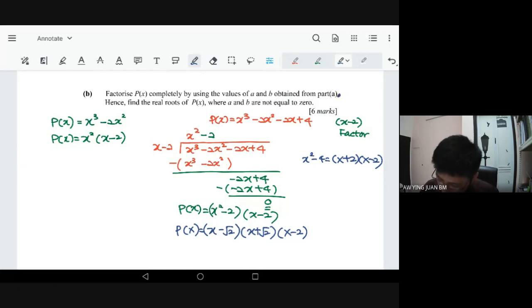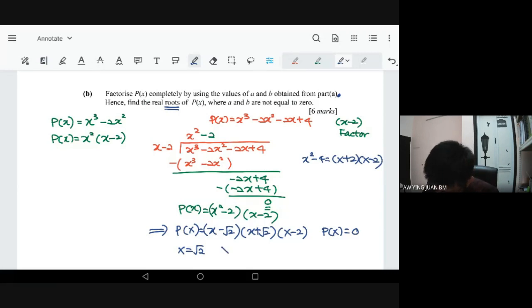Next, find the real roots of p(x), where a and b are not equal to 0. Meaning we only focus on this part. How to find the roots? If you want to find the roots, p(x) equals 0. So x equals square root of 2 is one answer.